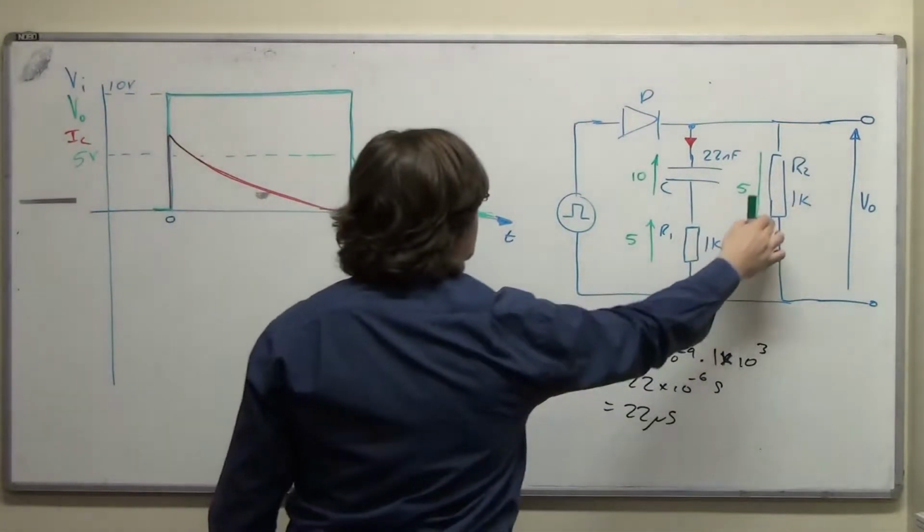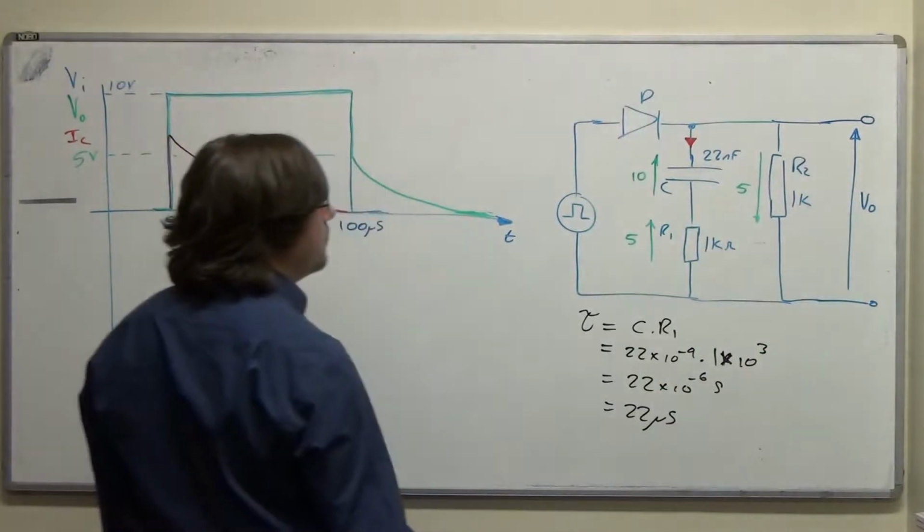and these 2 resistors now appear in series from the point of view of the capacitor. There's a loop.